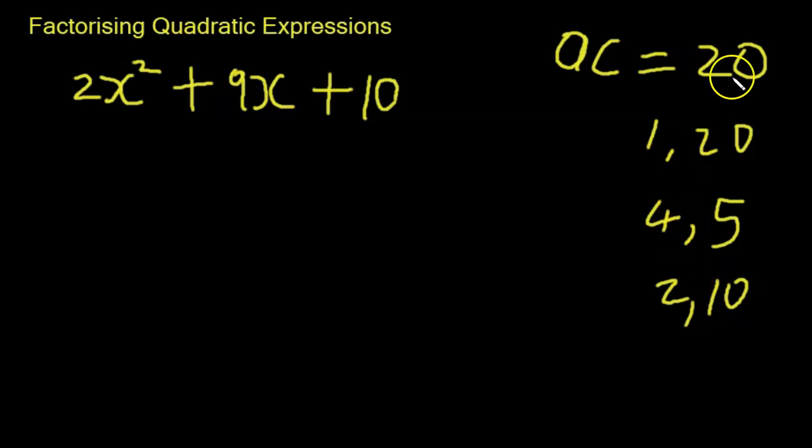The pair of numbers we use to add to give 9x has to come from one of these. It's just a matter of selecting which of these two numbers add or subtract to give 9x, and yes, that's this pair. So the first step is to rewrite the middle term.